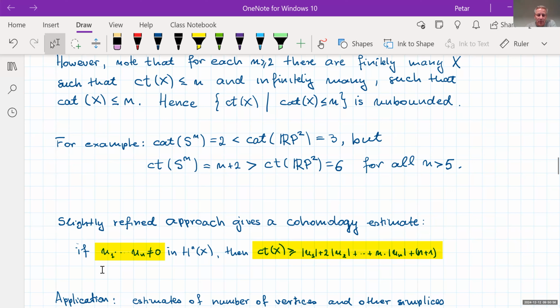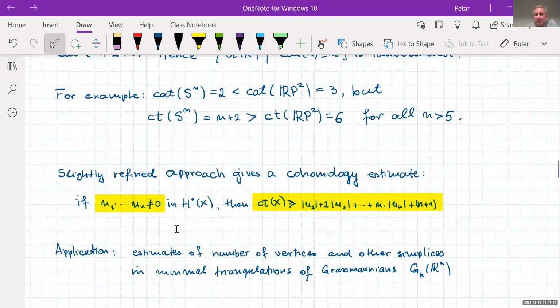Clearly, it's convenient to order them by increasing dimensions. It is almost the same result if all elements here are of dimension 1, but it gets much better if those elements are of higher dimension. So maybe the most convincing application that we had is to estimate the number of vertices in the triangulations of Grassmannians, because you know that you have generators of different dimensions.